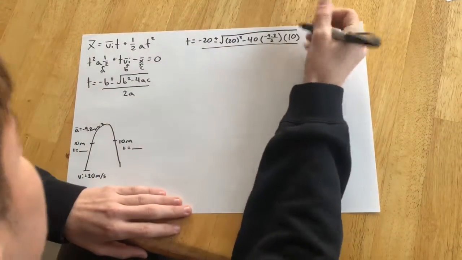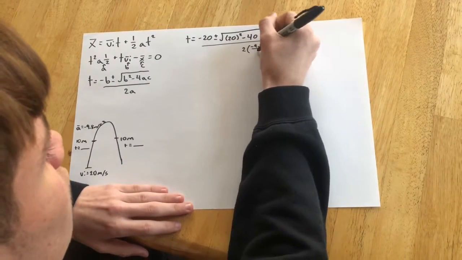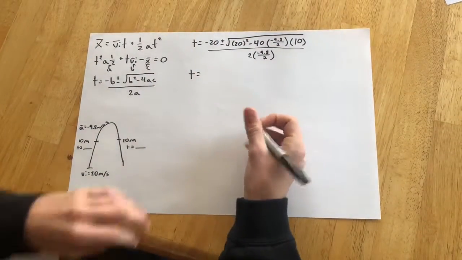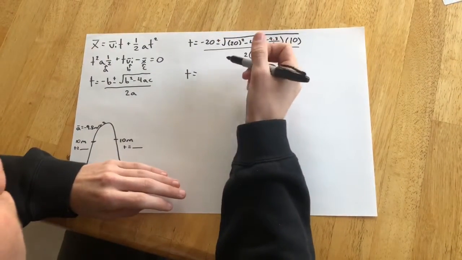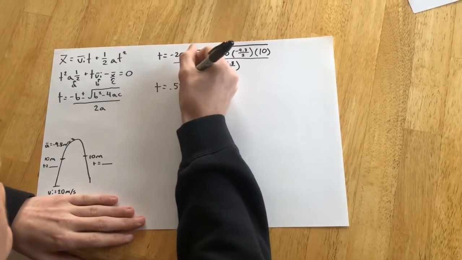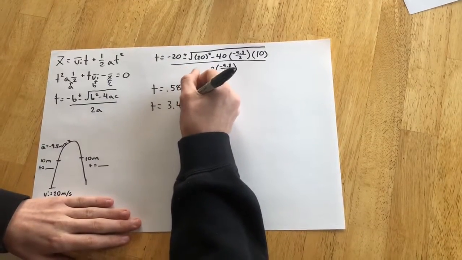And we're going to divide that by 2 times negative 9.8 over 2. And when we solve this, it's going to be 0.58 seconds and 3.49 seconds.